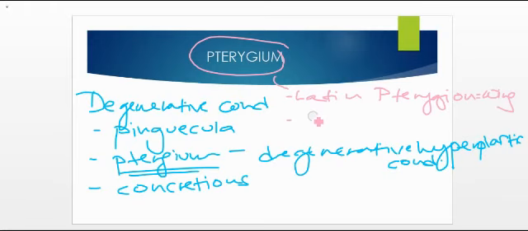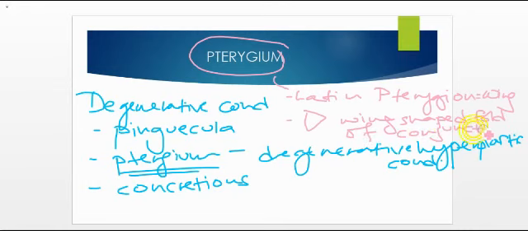So you can draw some wing. Let's say this is a wing. It's basically a wing shaped fold of the conjunctiva. How does that wing shape come about? Due to the degeneration that takes place, and that degeneration happens to be hyperplastic in nature.